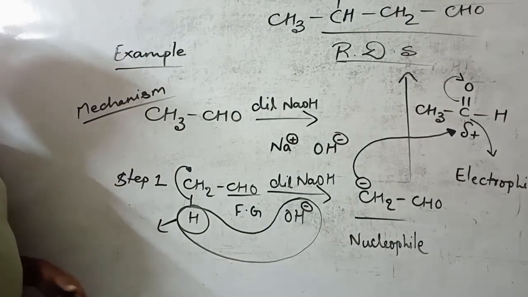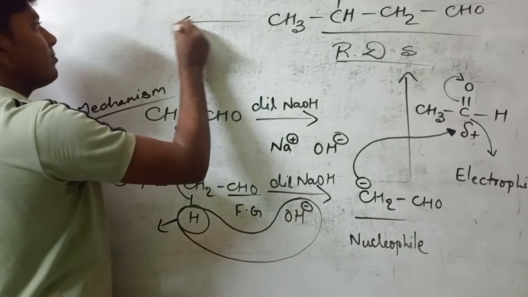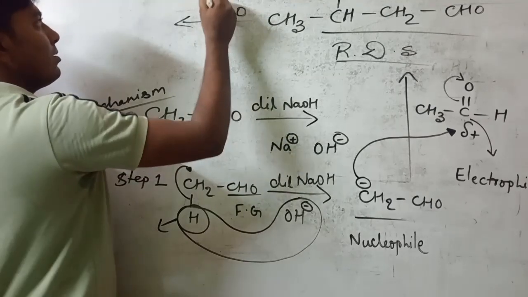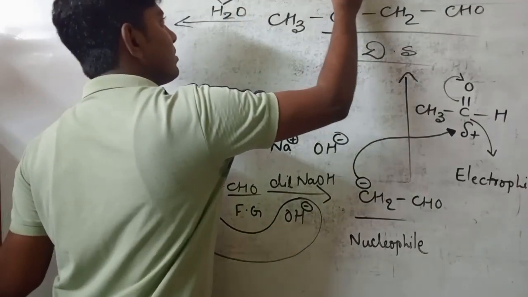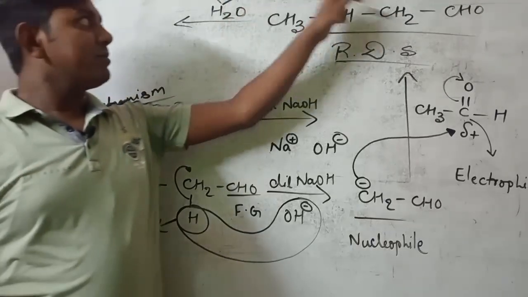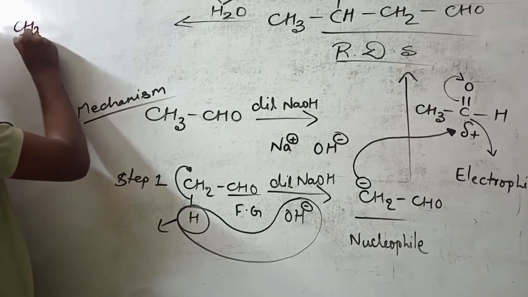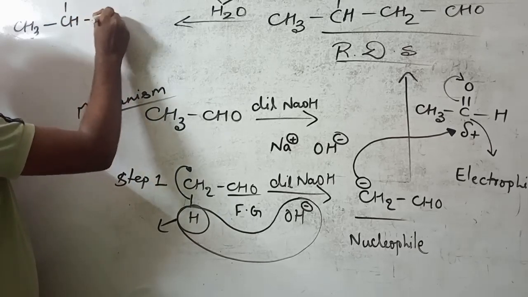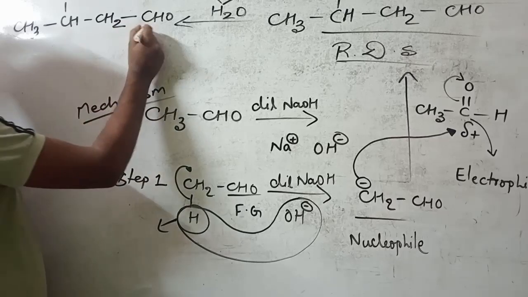After that, hydrolysis: H plus ion attaches with the negative charge on the oxygen atom, and it is converted into CH3, CH, OH, CH2, CHO. This is called an aldehyde.